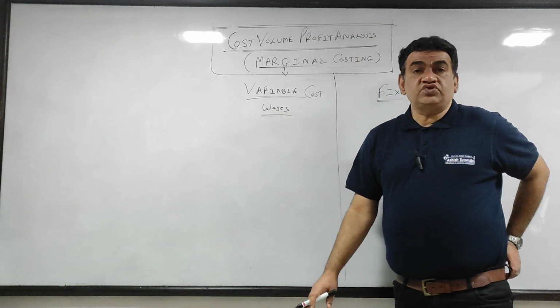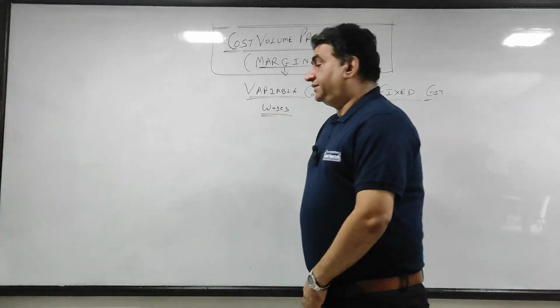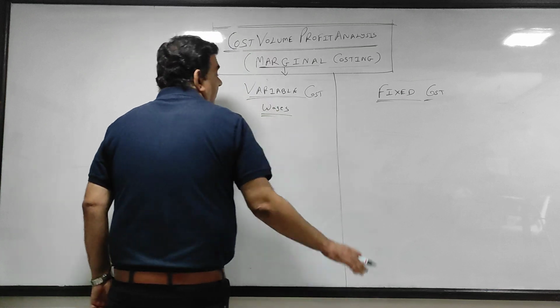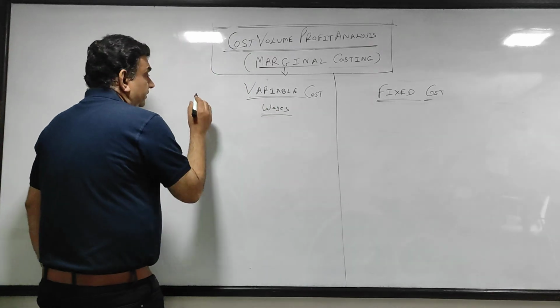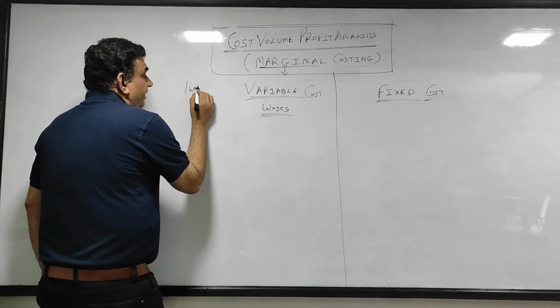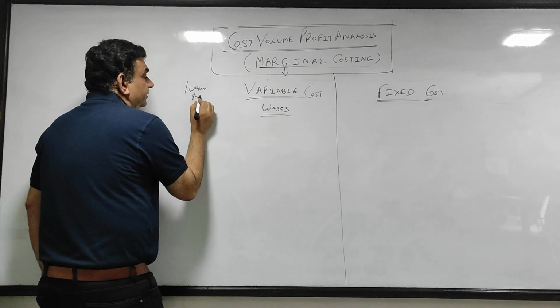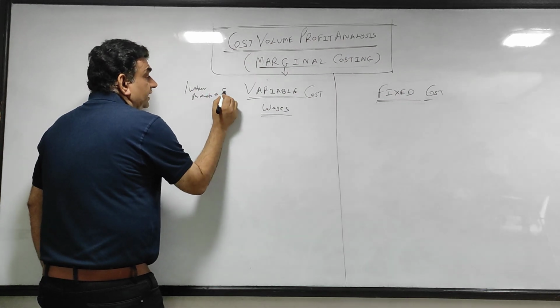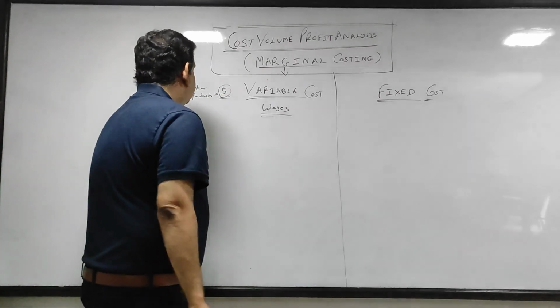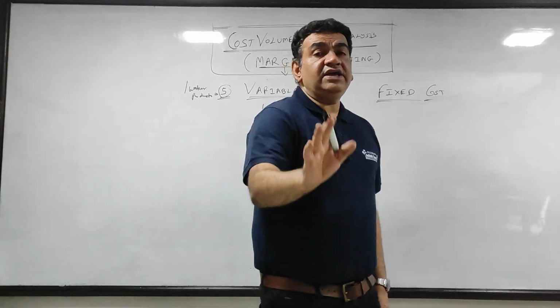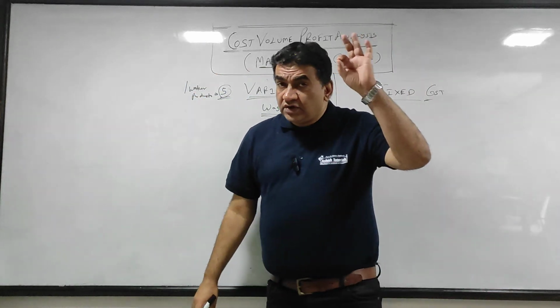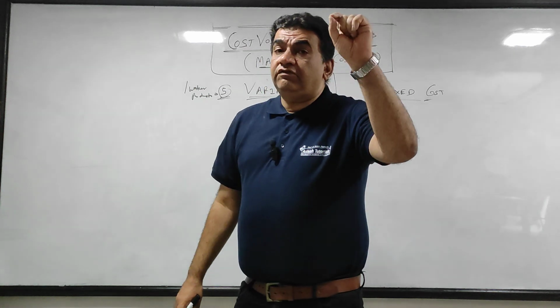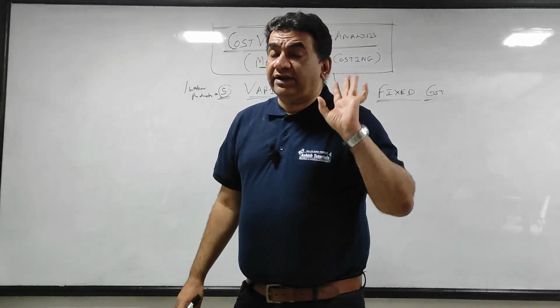I am paying wages to a worker per duster. Say for example, I am paying 5 rupees to each worker for one duster manufactured.